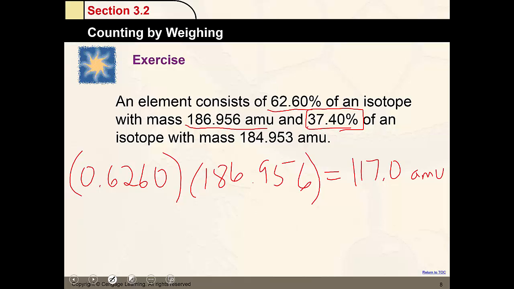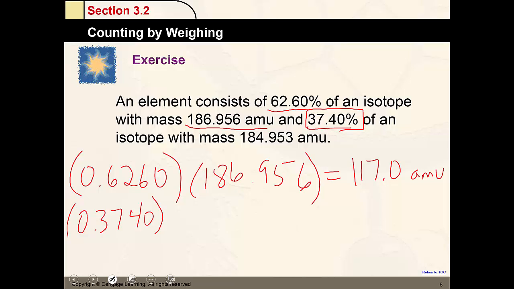So even if you weren't given this 37.40, you should realize that 100% minus 62.6% is in fact 37.4%. You might not be given the percentage if there are just two isotopes, or if there are three isotopes, you could be given 2 out of the 3 percentages and have to derive the other.